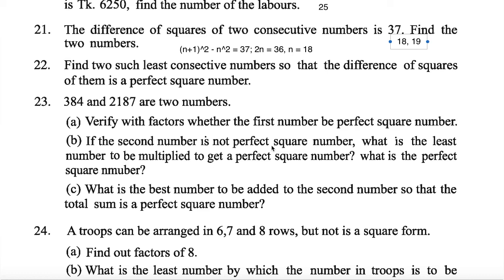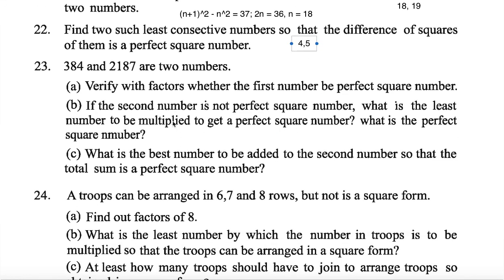Again 4, 5: 16, 25. 25 minus 16 is 9, and 9 is a perfect square number. So 4, 5 is the answer.